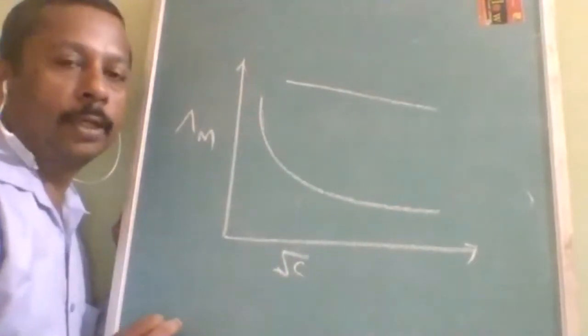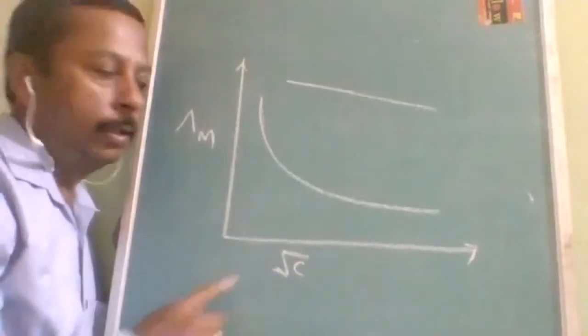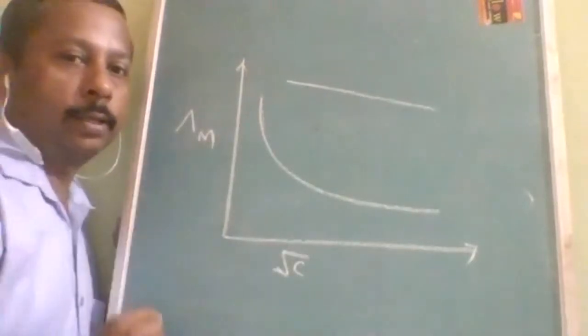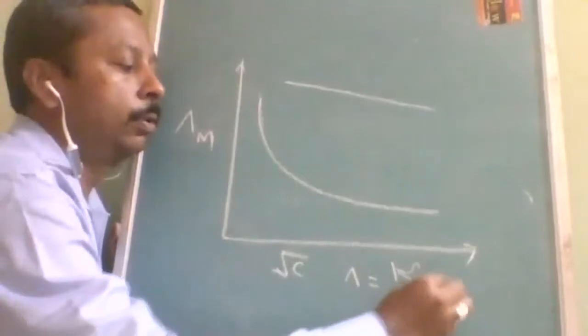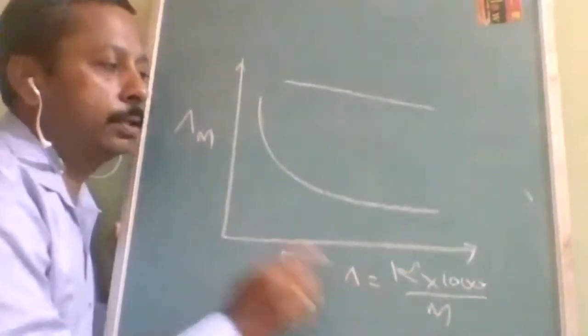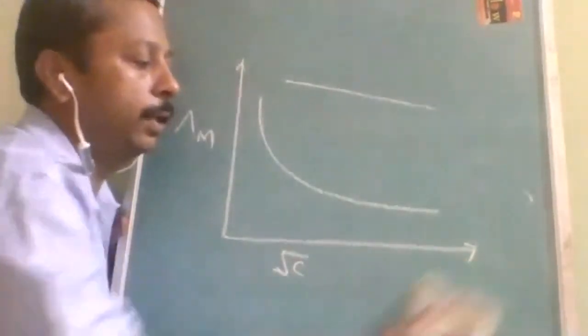With this, we can conclude that both are decreasing. With increase in concentration, molar conductivity decreases. The simple formula itself says K into 1000 divided by molarity: as molarity increases, this decreases. But the decrease is not the same.